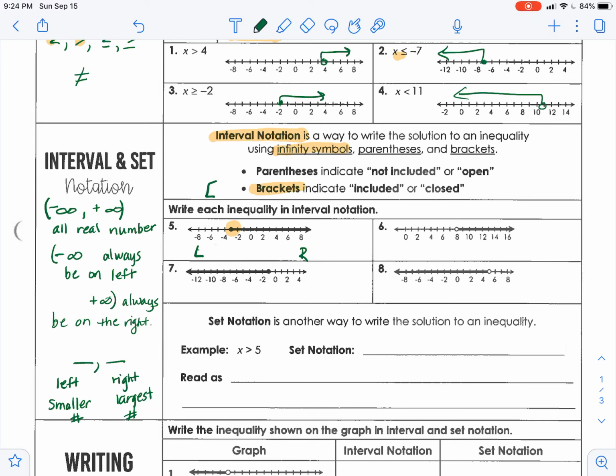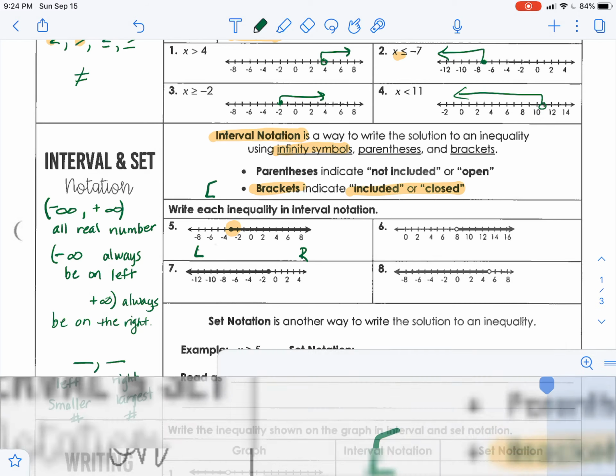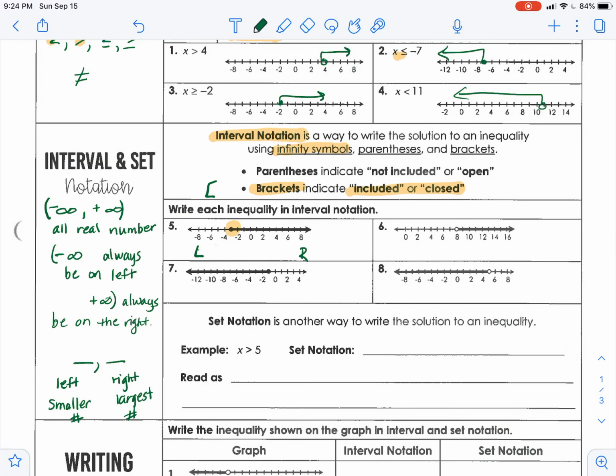A bracket means the same thing as included or closed. So a bracket means the same thing as if I had a closed circle. Okay? A parenthesis means the same thing as an open. So parentheses indicate open.